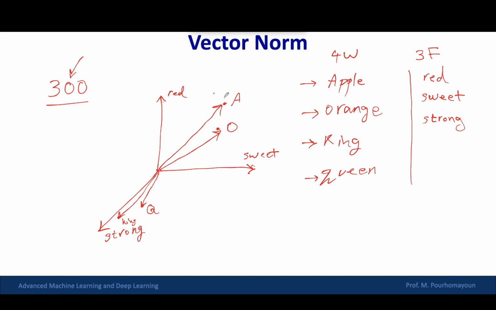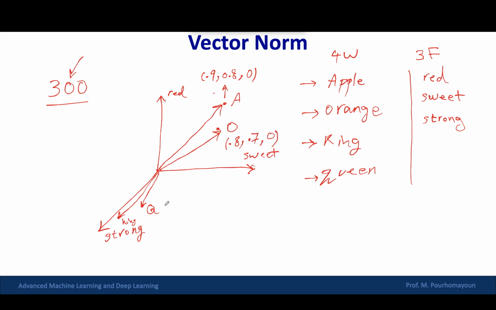So for example, for apple, we have these 3 features, right? Let's say I normalize the value in the range of 0 to 1. So for apple, maybe the value of red is 0.9. The value of sweet is 0.8, and the value of strong is 0. Okay, for the orange, the value of red is like 0.8. It's less red than apple, less sweet, so I put 0.7 here.